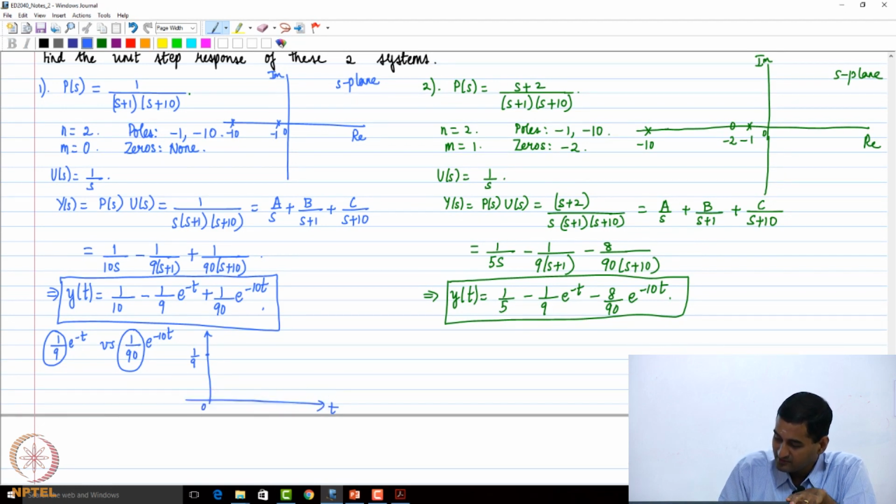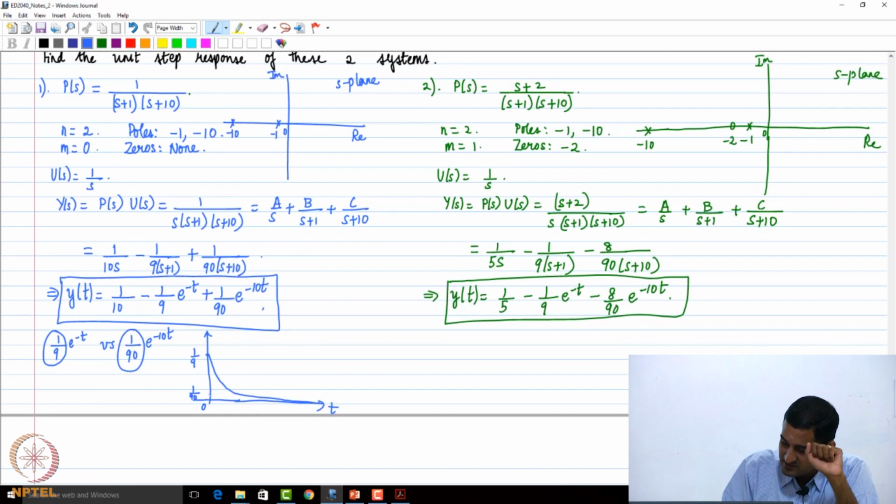So 1 by 90 is 1/10 of 1 by 9, correct? Let's say it's somewhere there. Okay, so let's say 1 by 9 e power minus t goes to 0, let's say like this. Okay, what will happen to 1 by 90 e power minus 10t? This will go to 0 almost relatively more instantaneously, right? I'm just drawing a relative diagram.